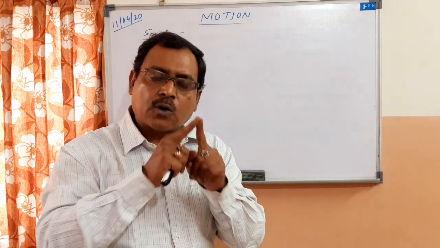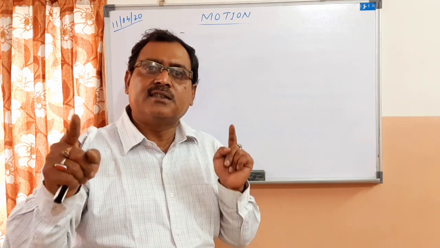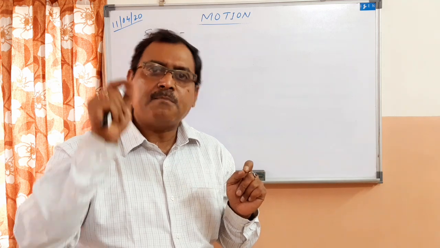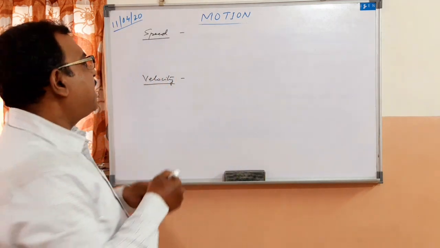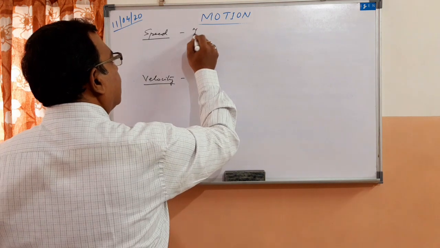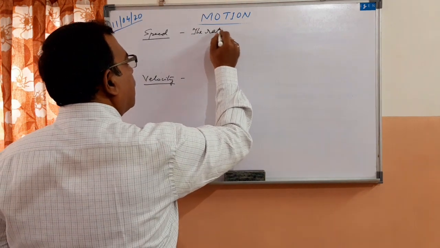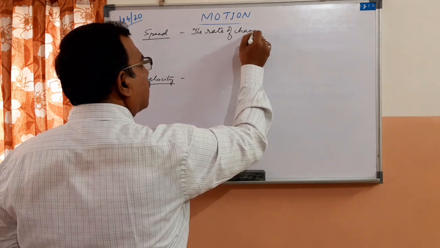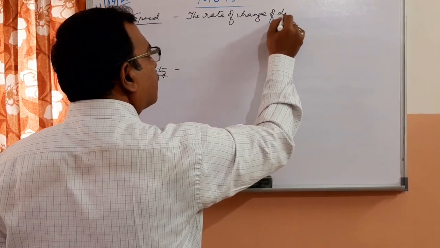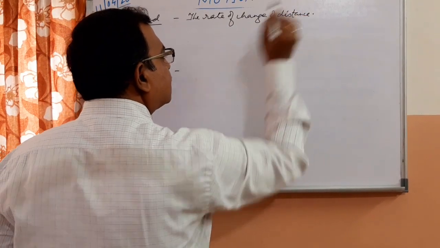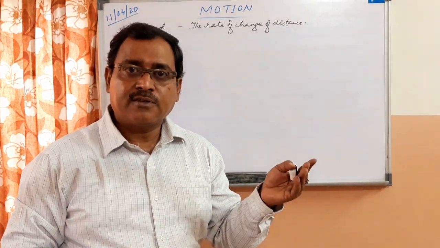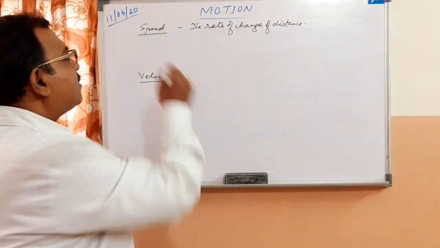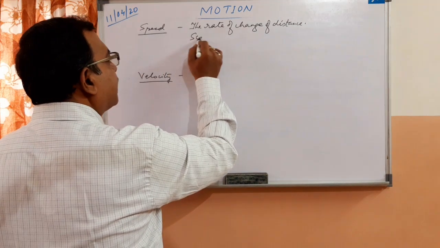Means he has crossed that definite distance in the shortest time possible. So speed can be defined as the rate of change of distance. At what rate the distance is being changed. Clear? So speed is also a scalar quantity.